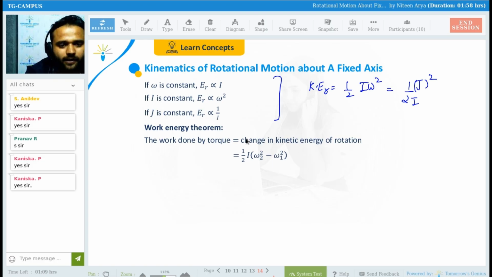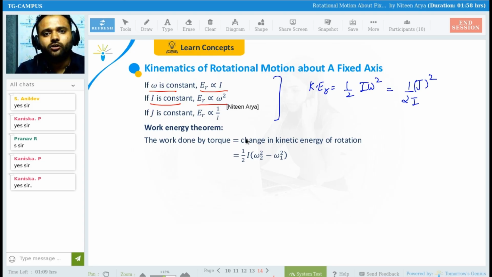Okay, so if omega is constant, means if omega is not changing, rotational kinetic energy is directly proportional to I. In the same sense, if I, the moment of inertia, is constant, then rotational kinetic energy is directly proportional to omega square.